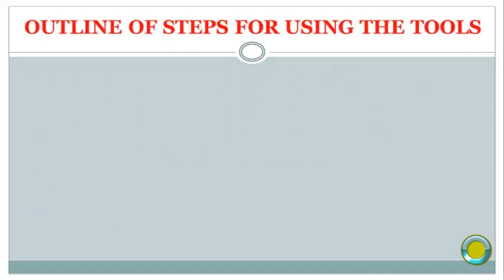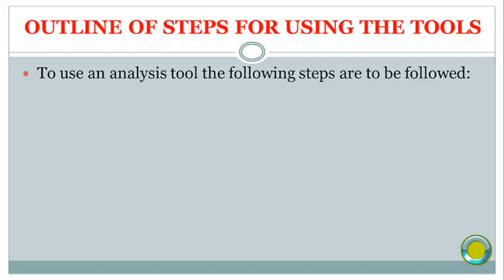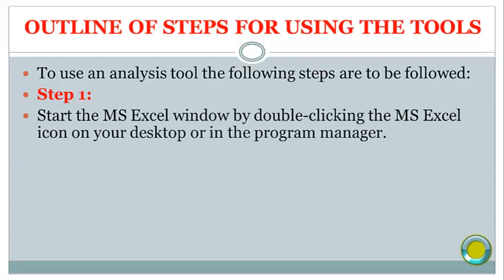The outline of steps for using the tools. To use an analysis tool, the following steps are to be followed. Step 1. Start the Microsoft Excel window by double-clicking the Microsoft Excel icon on your desktop or in the Program Manager.